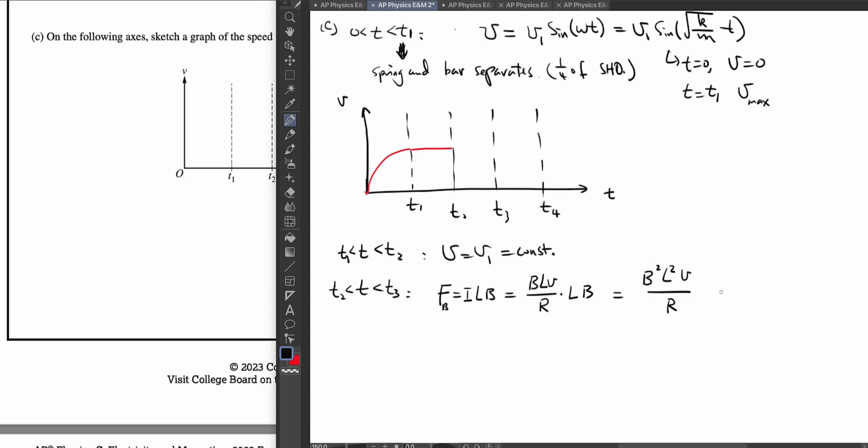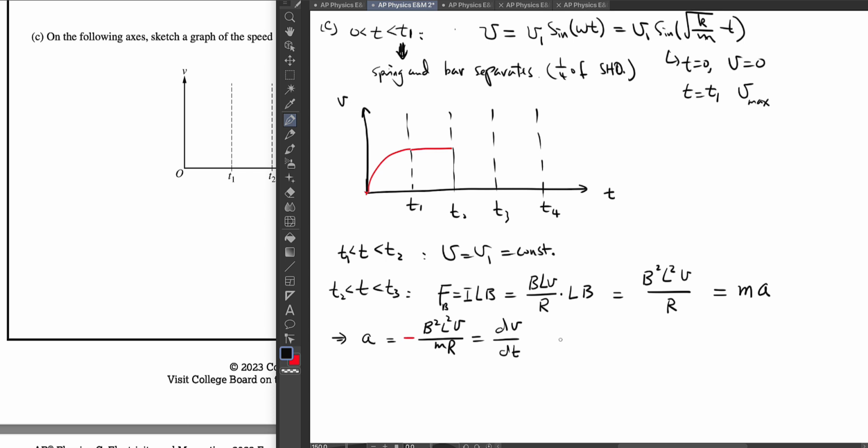And that, according to Newton's second law, equals ma. So the acceleration a equals B squared L squared v over mR. Now, this a should carry a negative sign because it will slow down the speed, so that equals dv/dt.